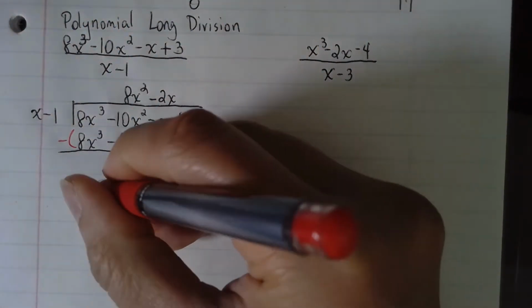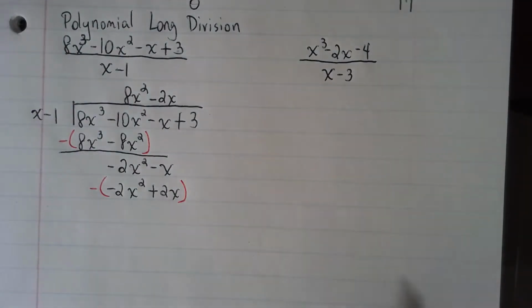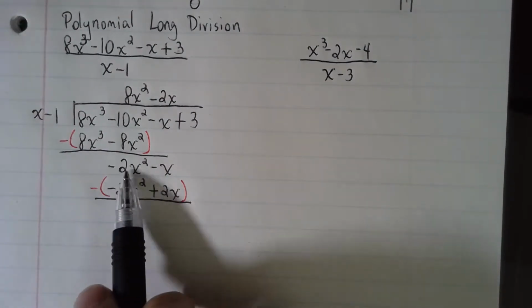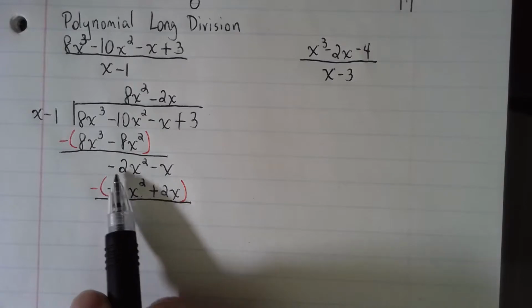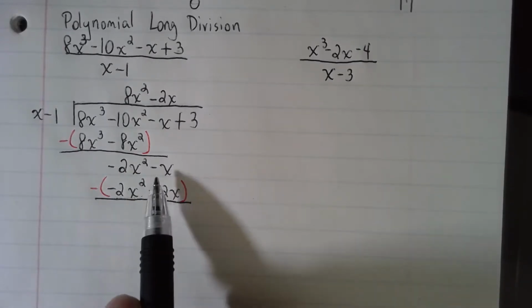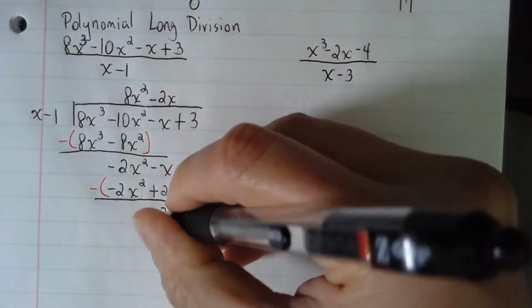And we subtract the whole expression once again. Now we have negative 2x squared minus negative 2x squared, which is the same as negative 2x squared plus 2x squared, which is 0. Negative x minus 2x will give me negative 3x.